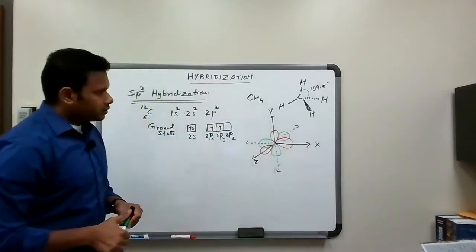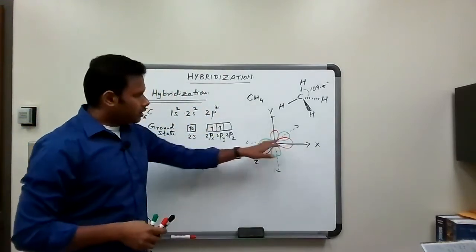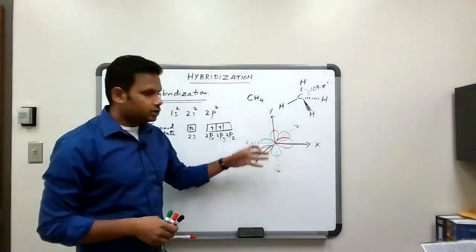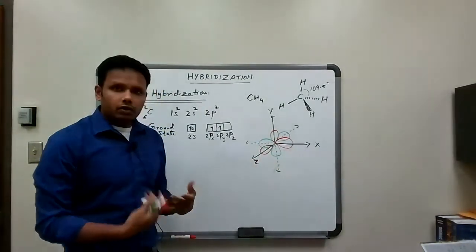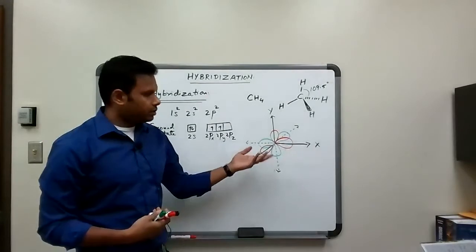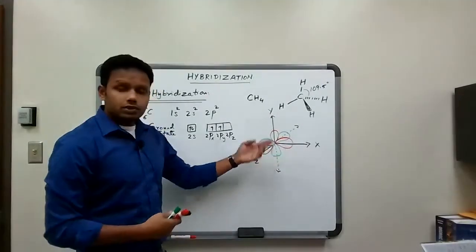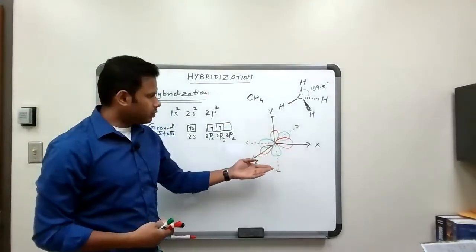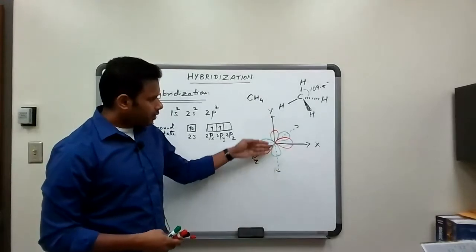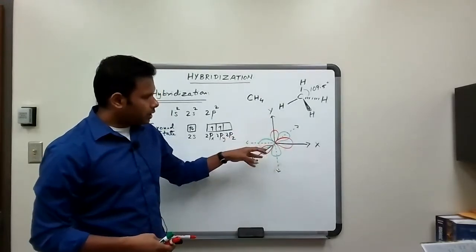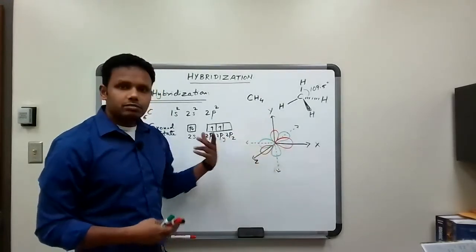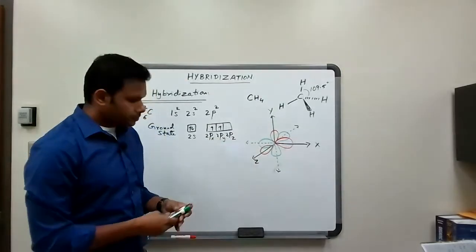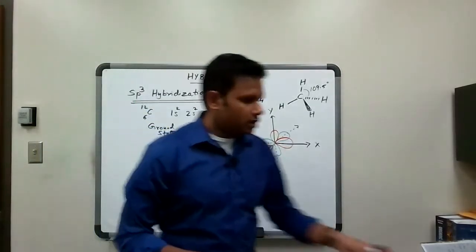Now, there is nothing to the colors that I have drawn here. I'm just trying to show you how the p orbitals are drawn. I could just use black, and probably that's what I'm going to do from here on. But it's to show you that these are along the px, py, and pz axes. So what does that mean?